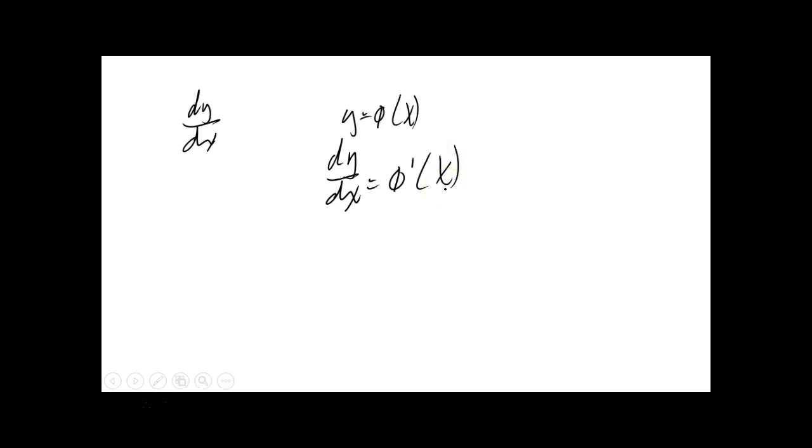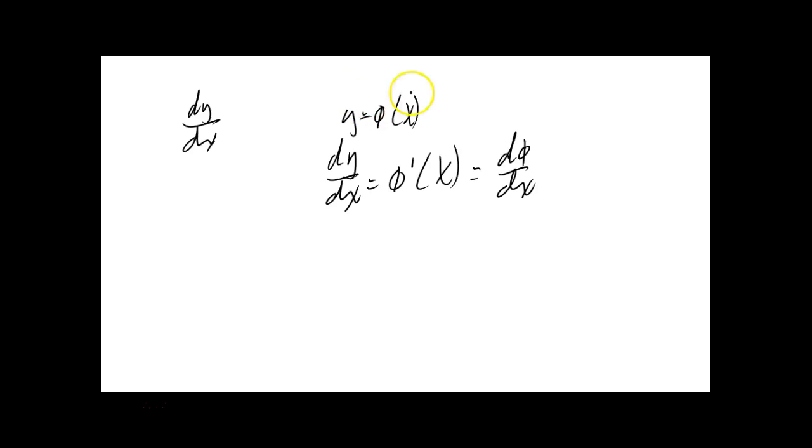That would be one way to write it, right? Or we could have said d phi dx. That's another way to write it. But this thing here is just some expression of x, right? So if that's all you had, then that is what is called a differential equation. Here's a few examples of it.